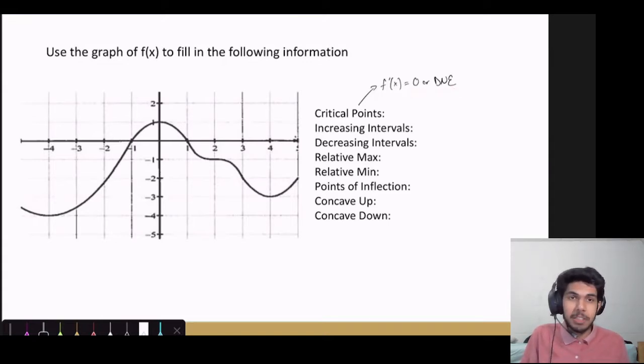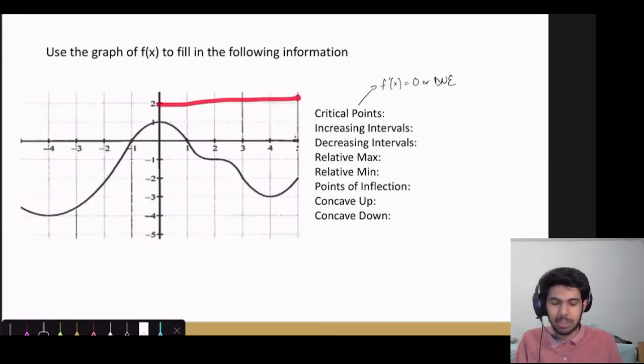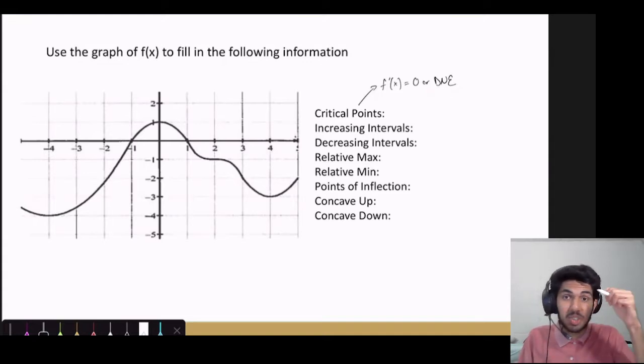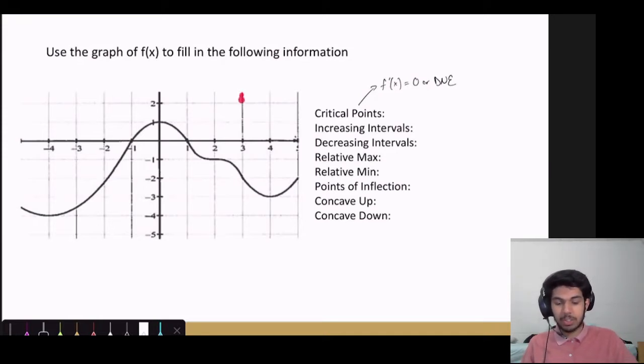If slope is rise over run, and we're looking for when the slope equals 0, we get slope equals 0 when the rise equals 0, which means we would look for a horizontal tangent line. For DNE, that occurs when the run is 0, because then we're doing rise divided by run and we're dividing by 0. That's not good. So that occurs when we have a vertical tangent line.